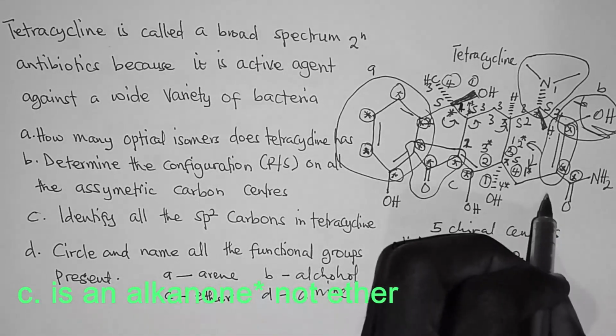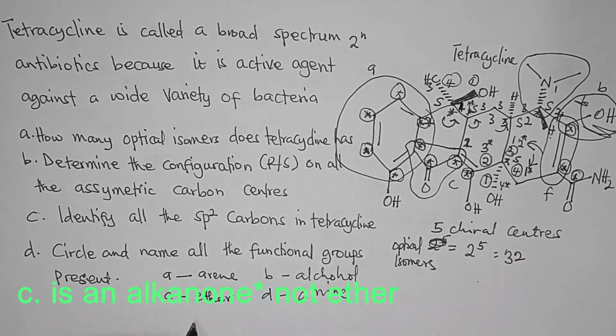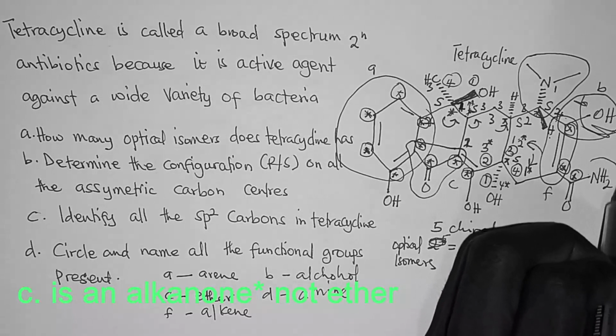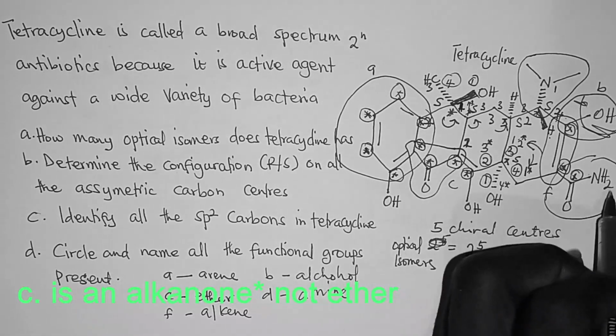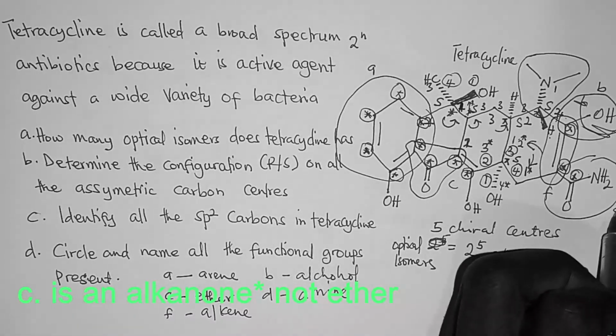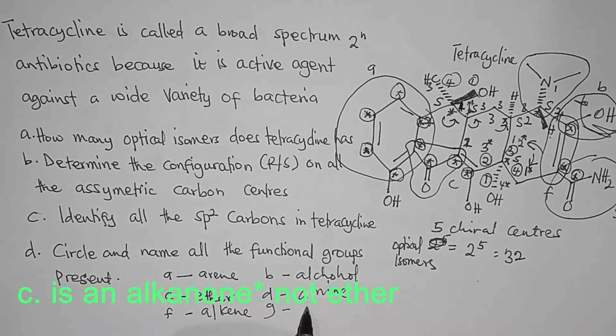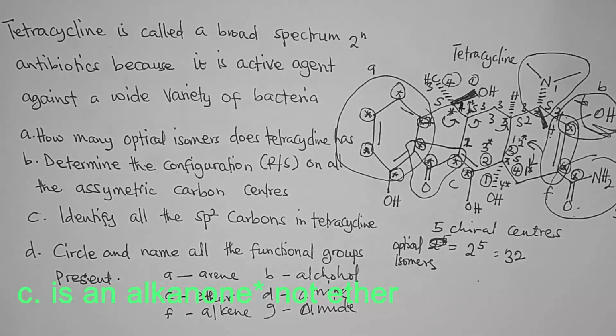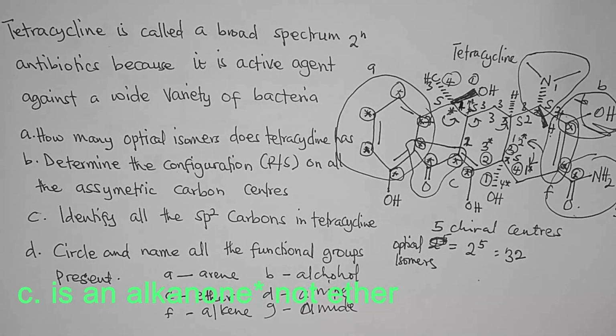So let's say F. F is an alkene. Then the last functional group is this functional group. G is an amide. This functional group is an amide. So these are all the pieces of information to obtain from tetracycline.